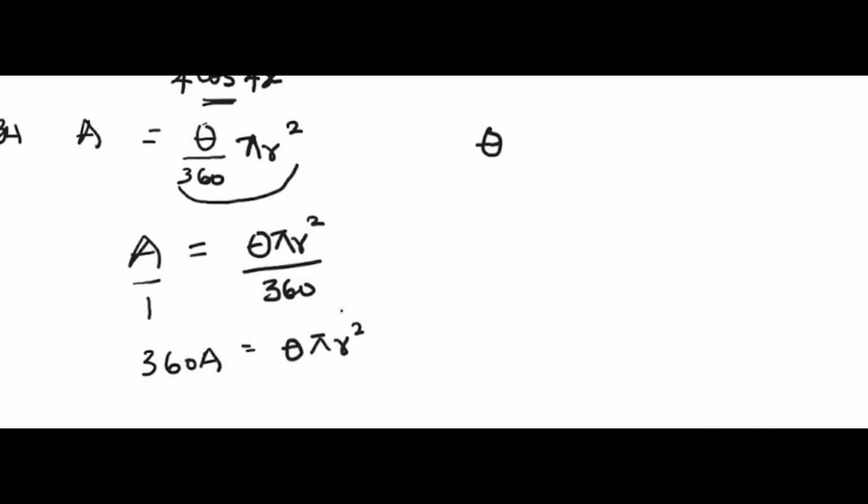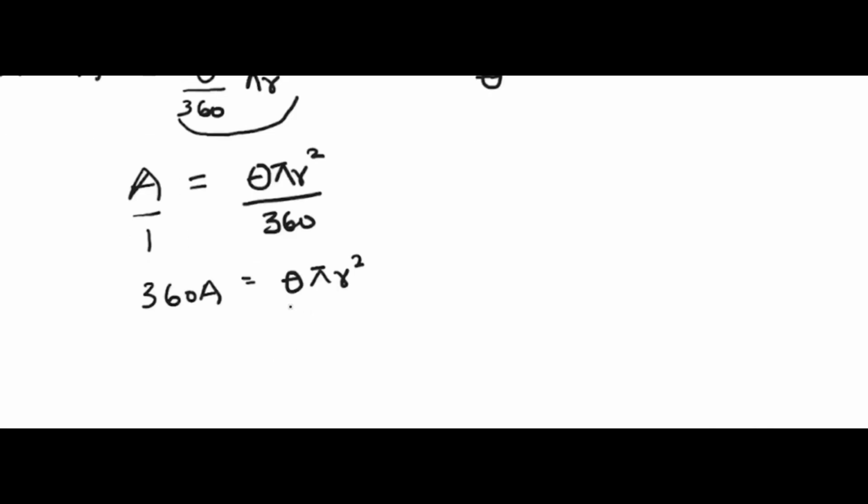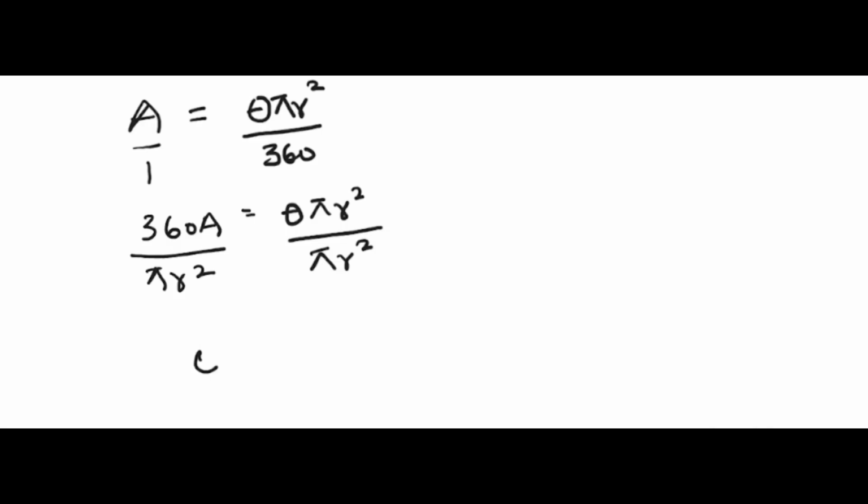So since you're looking forward to making theta subject, you divide both sides by pi r squared. So when we divide both sides by pi r squared, you have our theta to be equal to 360a over pi r squared. As simple as that.